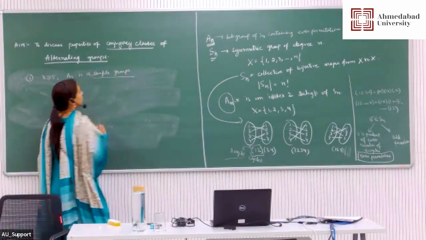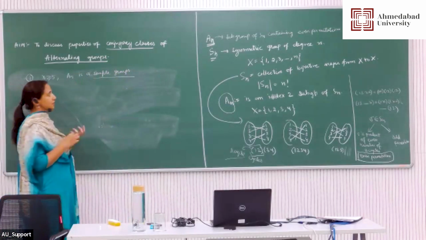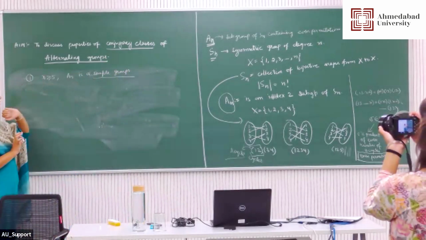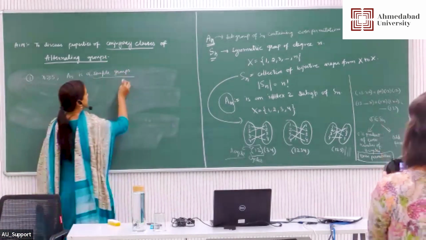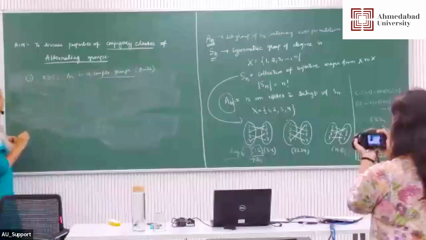The classification of finite simple groups was the biggest achievement in group theory of the last century. So that's why A_n is an important group. It is easy to understand finite simple groups. So that's why we are interested in studying this alternating group.